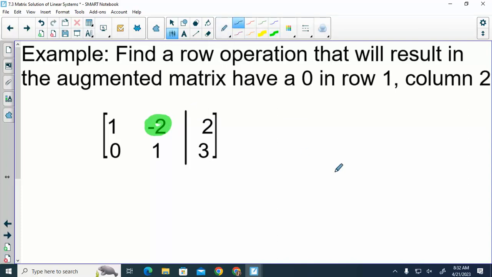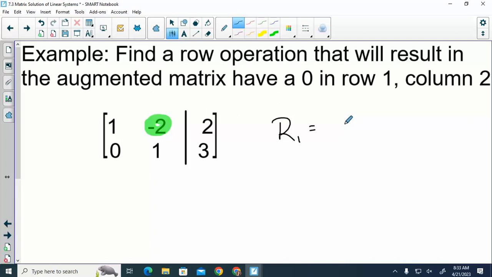I need that to be 0. So which row am I changing? Row 1. Typically we write that with a capital R just to make it stand out. That's the row we are replacing. How would you do that?